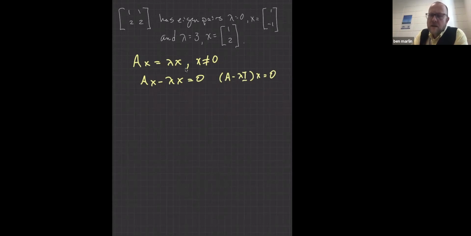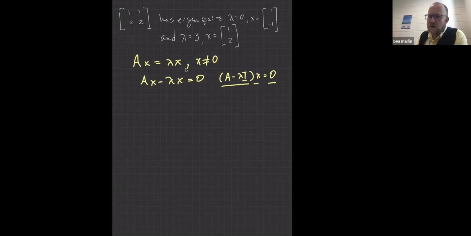Okay? So if you have a solution to a matrix times x equals 0, and the x in question is not the 0 vector, then that means that the thing you're multiplying by, that matrix A minus lambda I, needs to be not invertible. Okay?